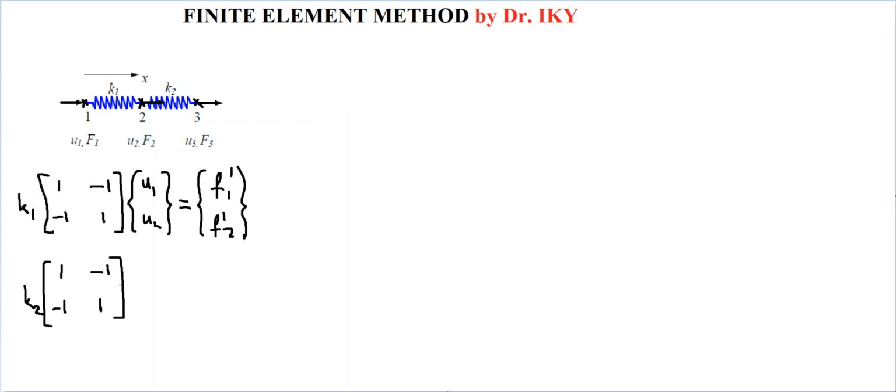This time, it is going to start with U2 and finalize with U3, is equal to, this time we are in the second element. Now it is second element, first force, second element, second force, and the force vector.